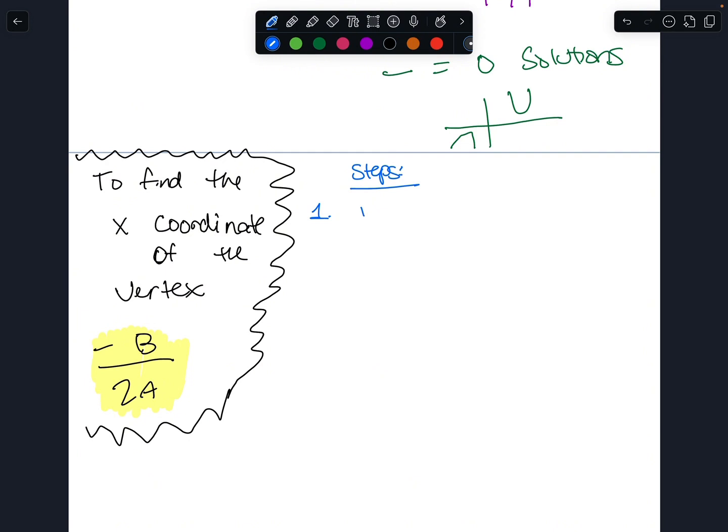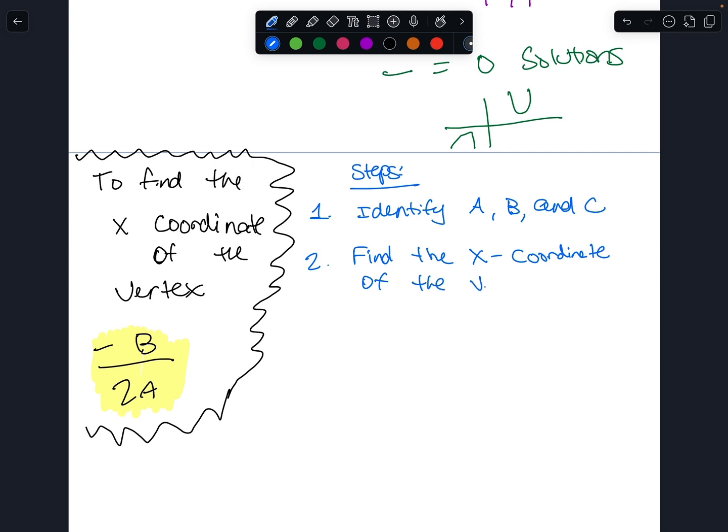Before you can graph them, you need to identify A, B, and C. You got to identify your A, B, and C. Step 2, find the x coordinate of the vertex, and then we're going to use negative b over 2a. We're going to use that formula. That's step 2.